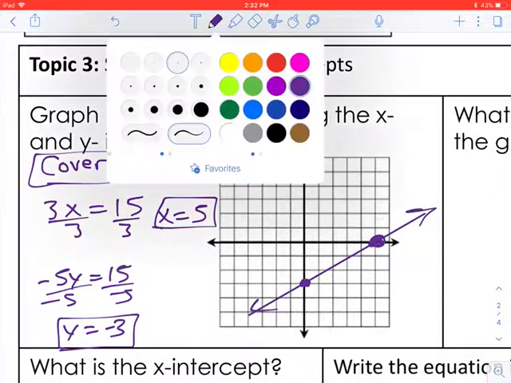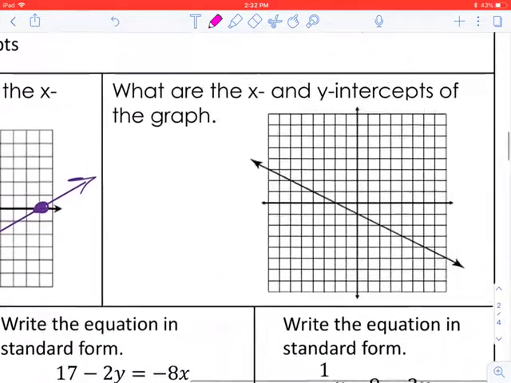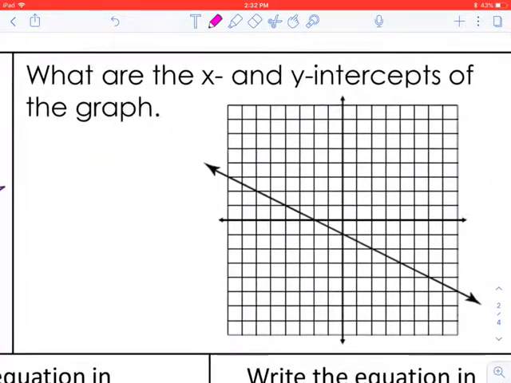Okay. Cover up the x to find the y. So as we mentioned in class, really when I'm covering up, I'm actually plugging in 0 for the opposite variable. Okay. So that's kind of what we're doing here. The x and y intercepts are negative 2 for the x, negative 1 for the y, but I can't just write negative 2 and negative 1. I'm going to write the actual point.